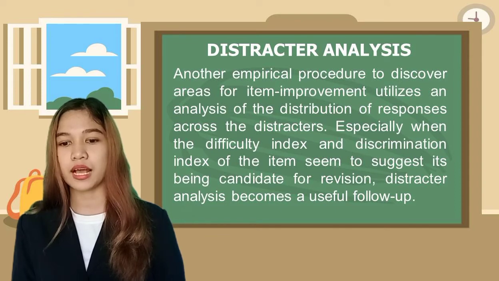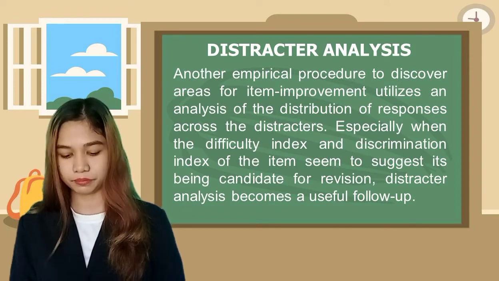Distractor analysis becomes a useful follow-up. In simple words, distractor index is a process of examining the distractibility of the incorrect options. In this index, sinusuri kung epektibo ba silang gamitin na pang-distract sa mga choices sa isang item.